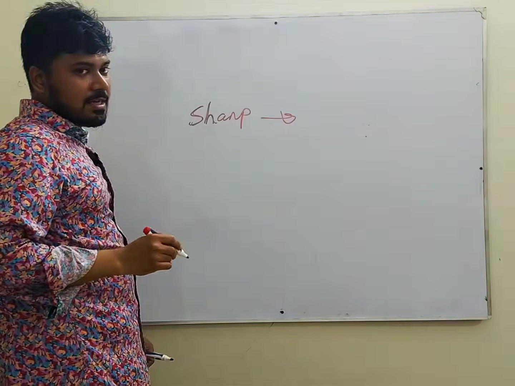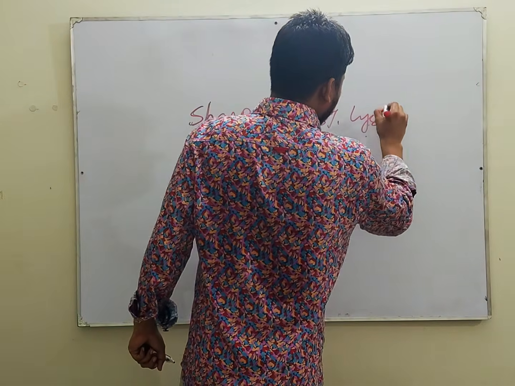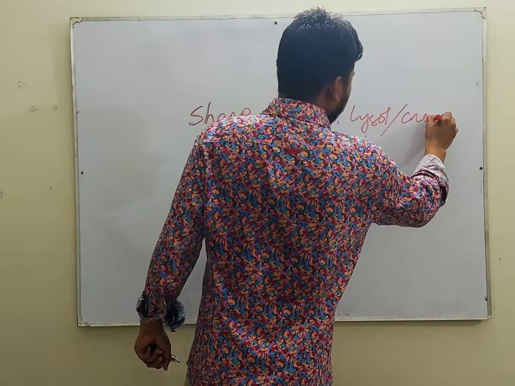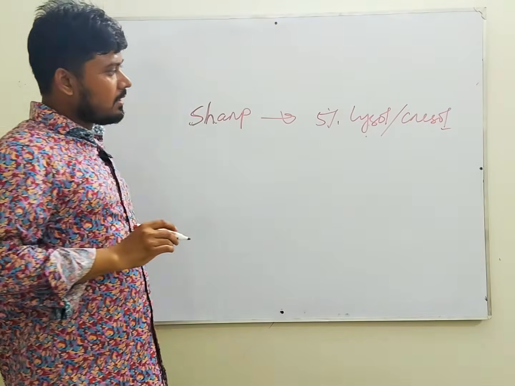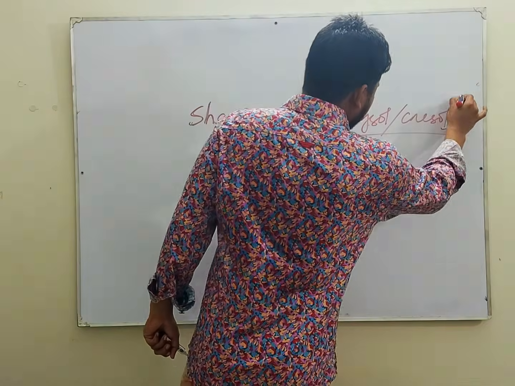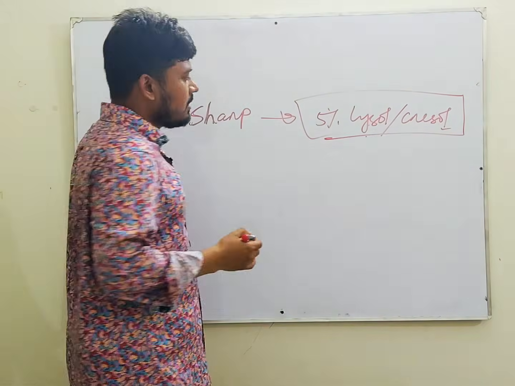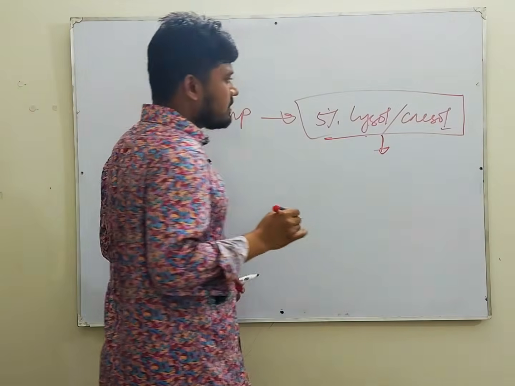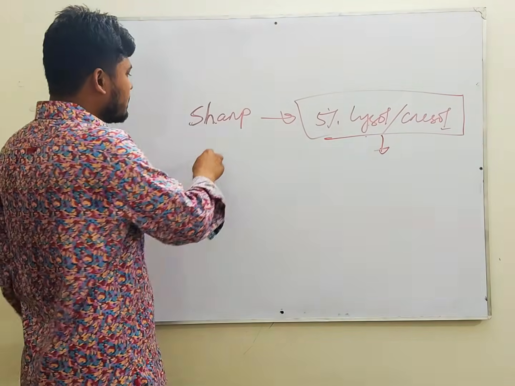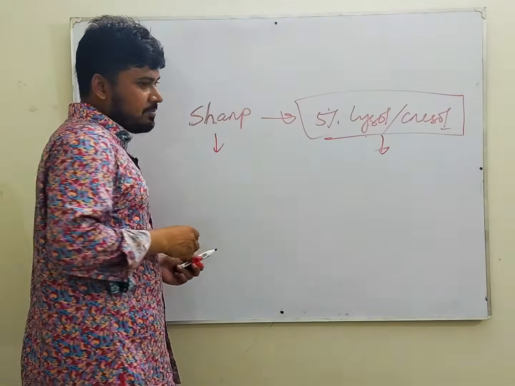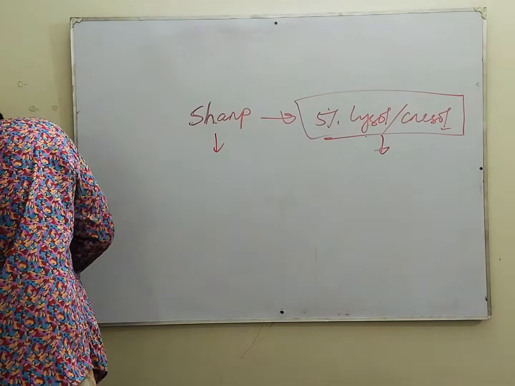Sharp instruments are sterilized by 5% Lysol or cresol. In chemical sterilization, I have forgotten to give this example of Lysol or cresol. We use 5% for sterilization of sharp instruments like BP blade, fine scissor, etc.